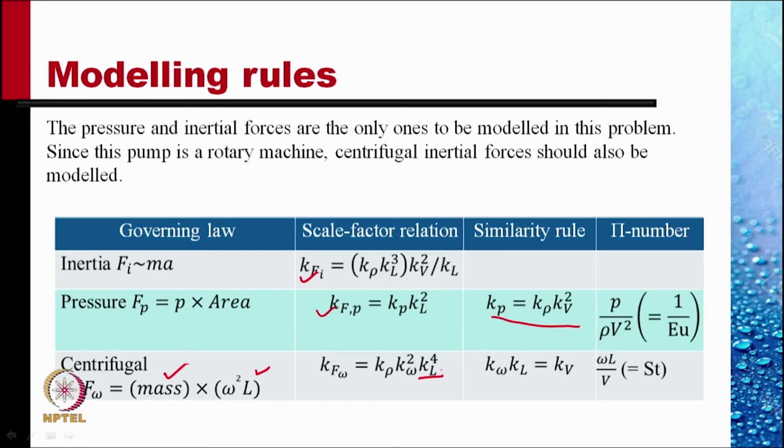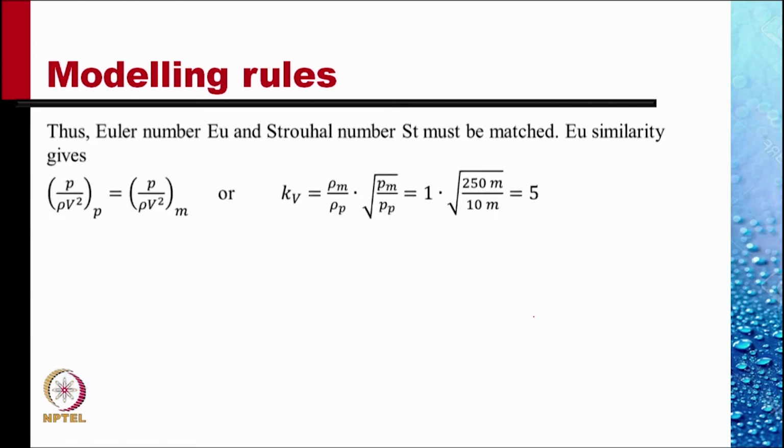From this and this, we obtain the similarity rule. K omega into KL should be KV, which gives us omega L by V, which is named Strouhal number and denoted by ST. Thus, the similarity requires that the Euler number and Strouhal number must match.